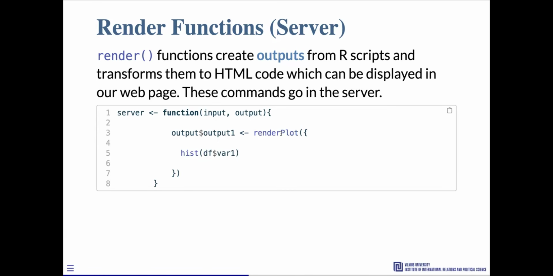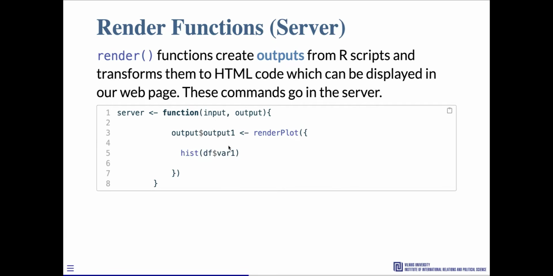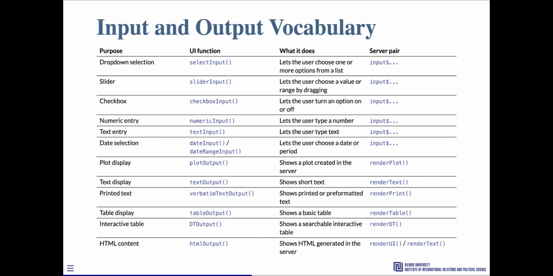So for each element or for each type of object, we have a render function, and this will mirror our output function in the UI. And here we have very, very simple R code. So these are the three key functions. Two go in the UI and one goes in the server, and they're all connected.